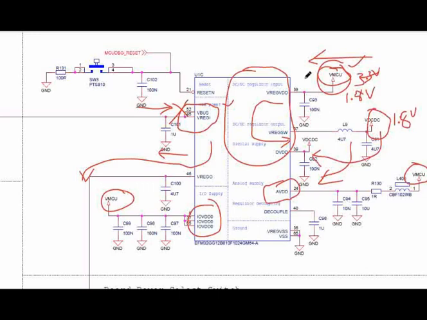If you are not using the VMCU input, or the internal regulator, you can short VREG VDD and DVDD directly and power both of them.